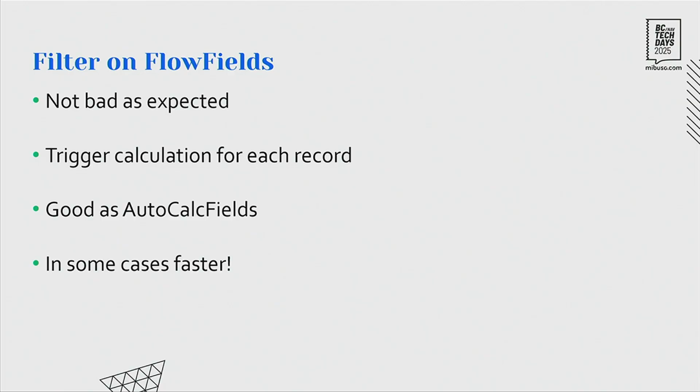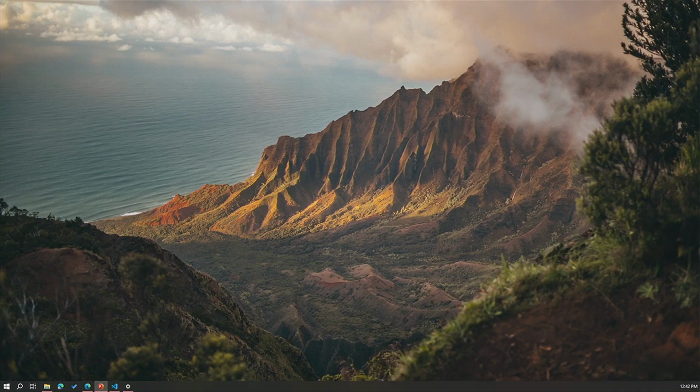You are expecting that it triggers the calculation for each record, but it is not really bad compared to looping through, and it is in some cases as good as AutoCalcFields, and in some cases even faster. So what are we speaking about.